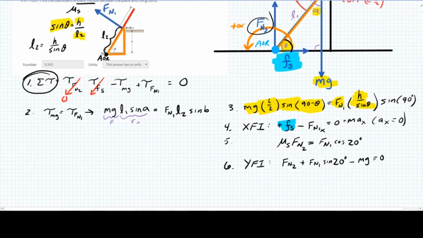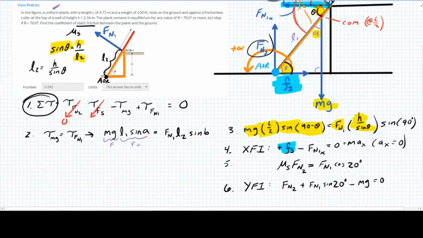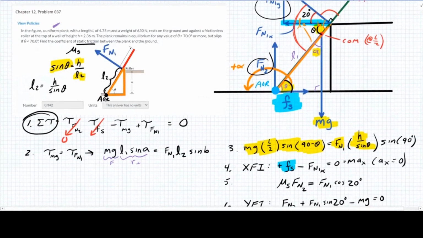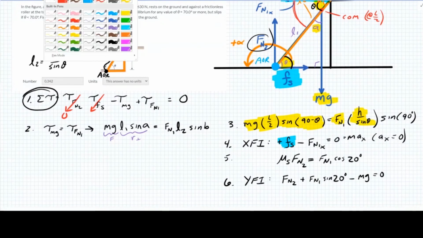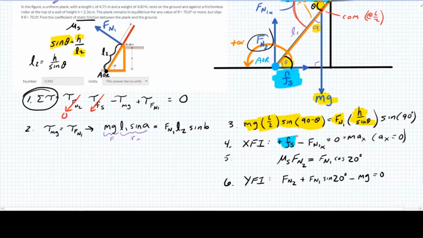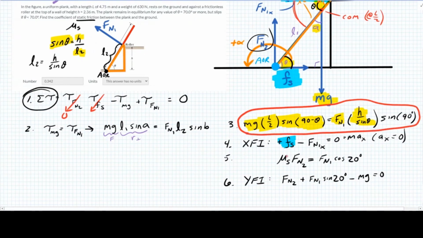All right, so from all of this, I am thinking I can get my mu sub s. Let's just tally things up here. This is the result of my torque inventory. This is the result of my X force inventory.